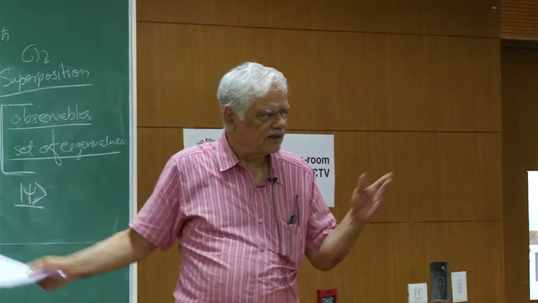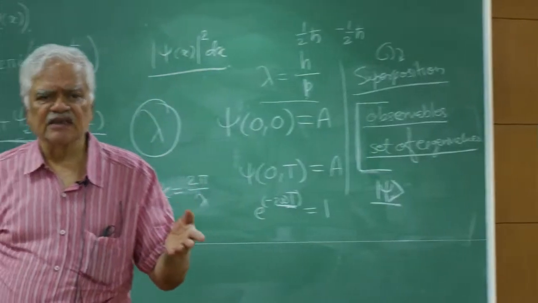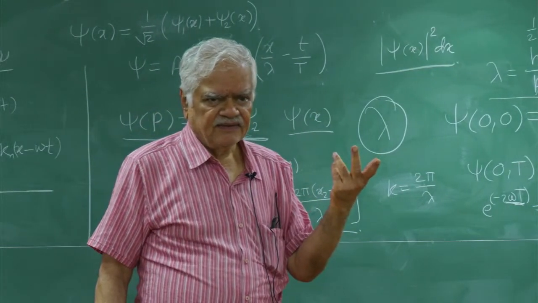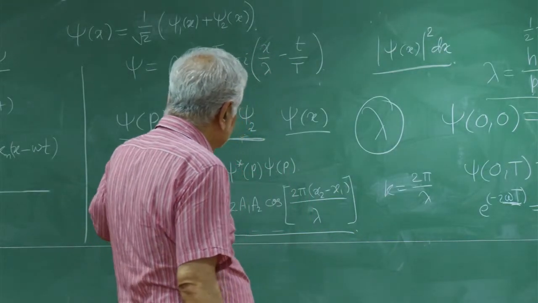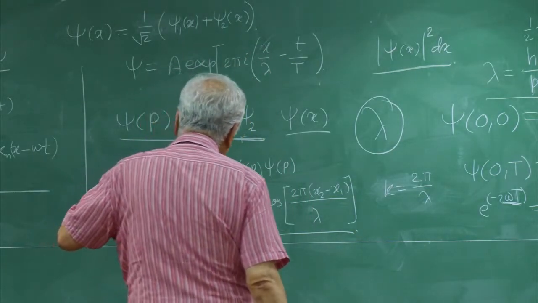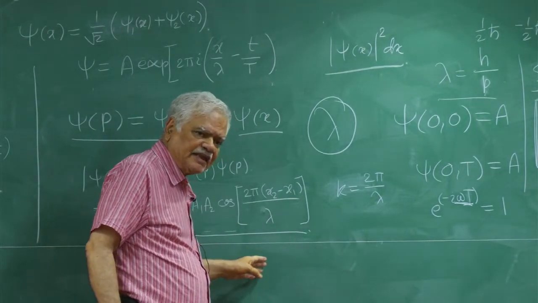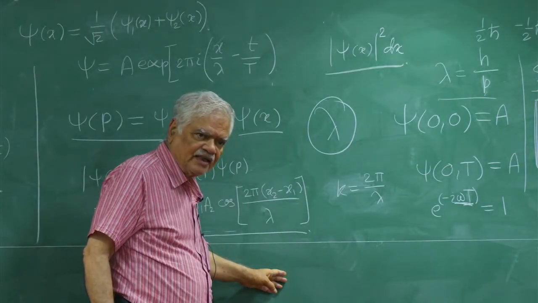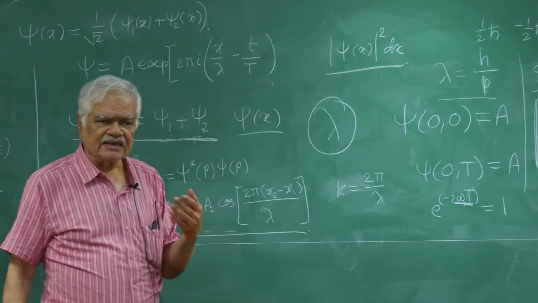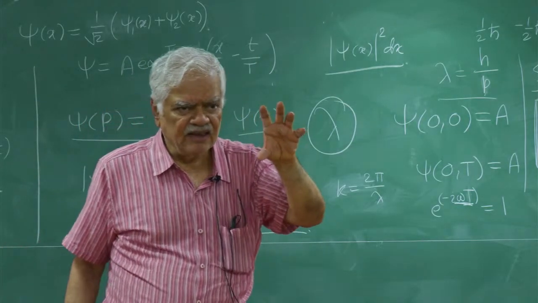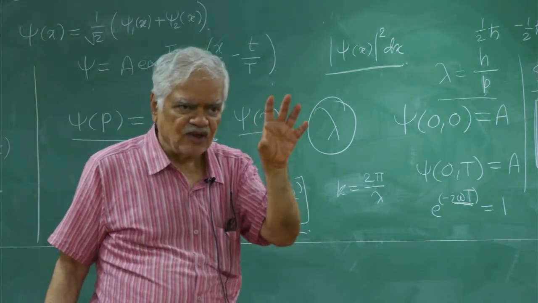I know I could find out how to convert from one representation to another. This is a coordinate representation, you have psi of x. In the momentum representation, you have phi of p. In the energy representation, you have some other function of E. And I can convert them from one to another. When you have all these ways to represent the same state, it is more convenient to represent a state by some abstract symbol and find ways to go over to different representations from that symbol.